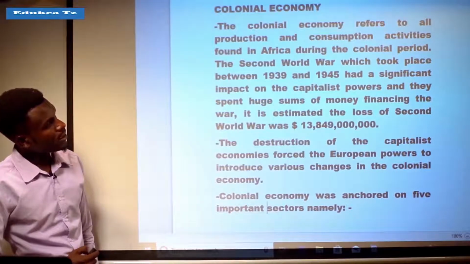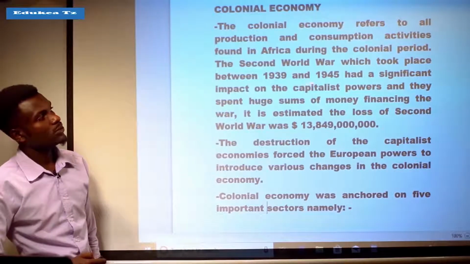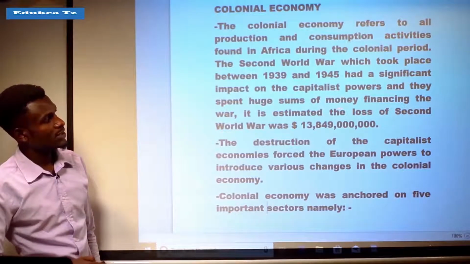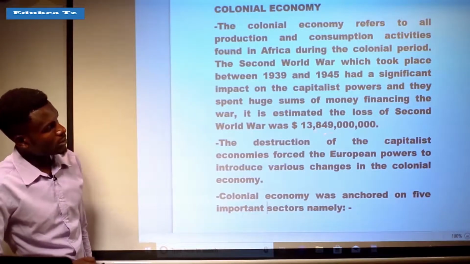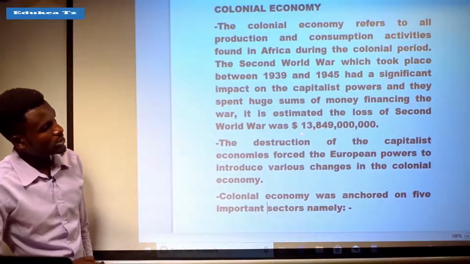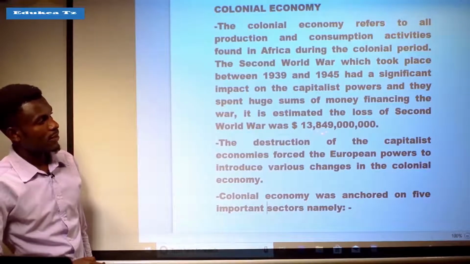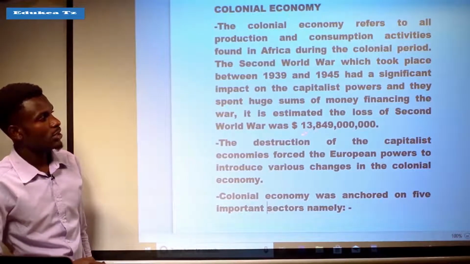It means that the Second World War, which took place between 1939 and 1945, had a significant impact on the capitalist powers, and they spent huge sums of money financing the war. It is estimated that the loss of the Second World War was almost 13.8 billion US dollars.